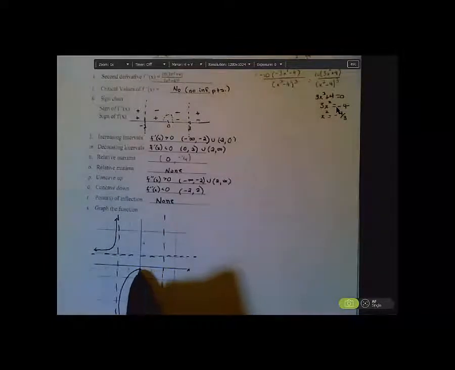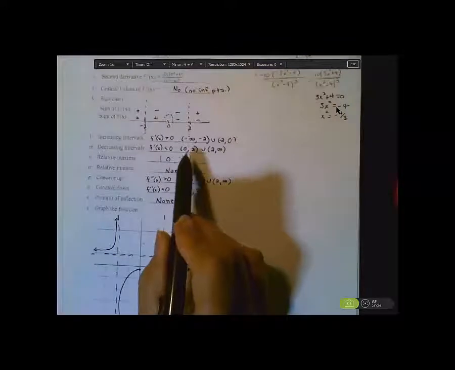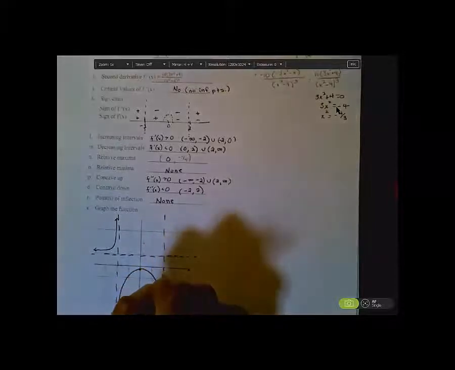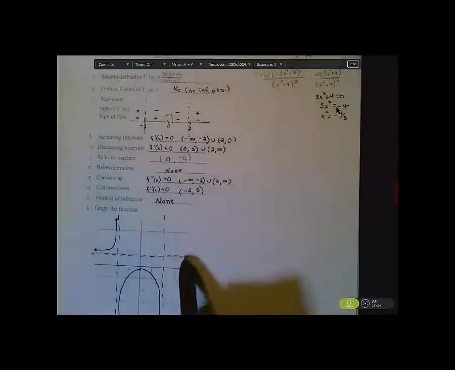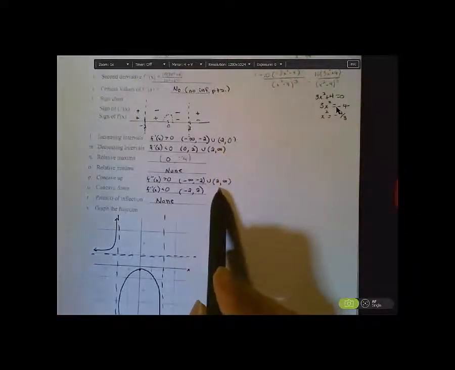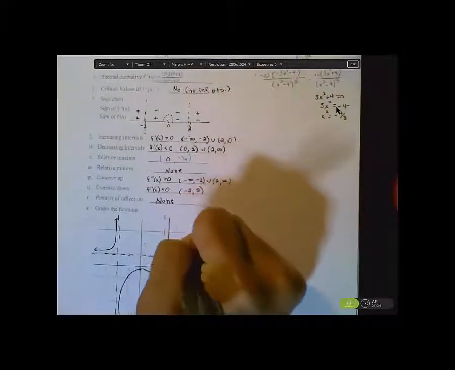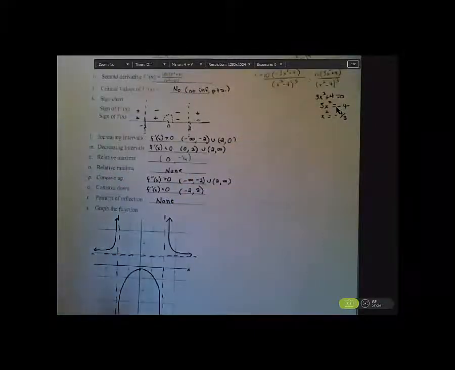And then from 0 to 2, the graph is decreasing and concave down. Decreasing and concave down looks like that. And then from 2 to infinity, the graph is decreasing and concave up. Decreasing and concave up. That is a pretty darn good graph of that function.